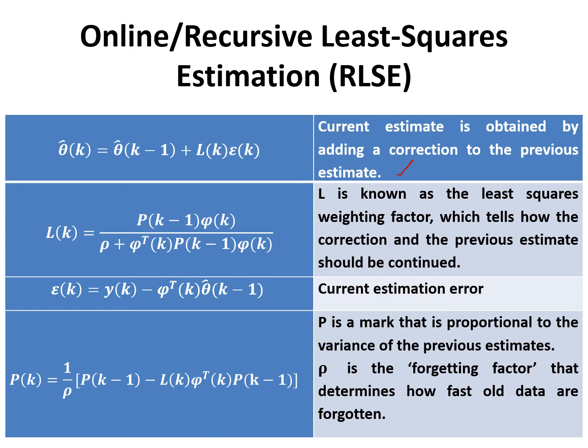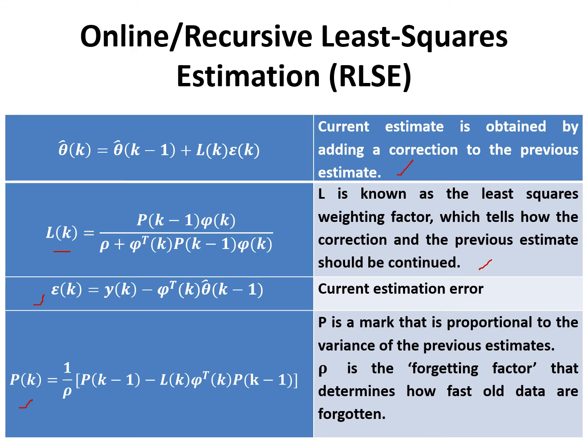And then Lk, L is known as the least square weighting factor, which tells how the correction and the previous estimate should be combined. Zeta k is the current estimation error. And the last one is Pk.